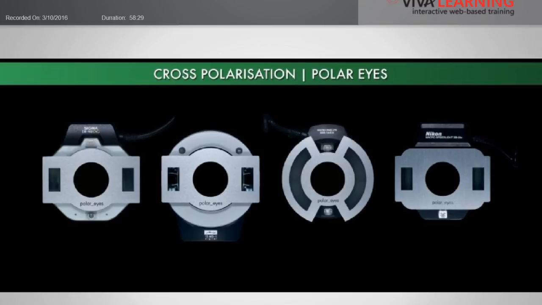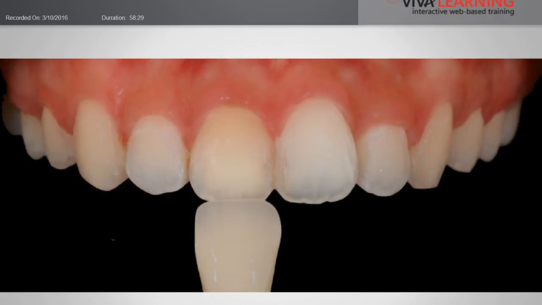What this filter does is clip on using magnets onto the end of the ring flash, and part of the filter will cover the lens, and the other part of the filter will cover the ring flash. So you have a polarizing filter over the lens, and you have a polarizing filter which is polarizing at right angles to the one covering the lens, and that will give you this photograph.